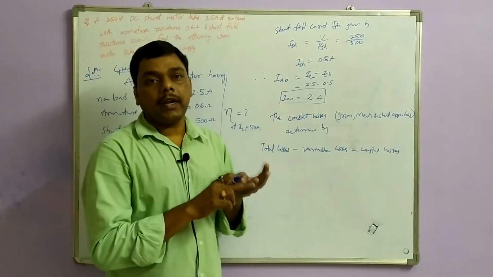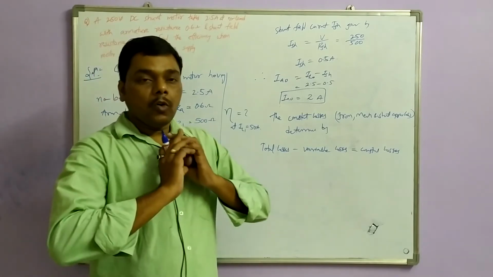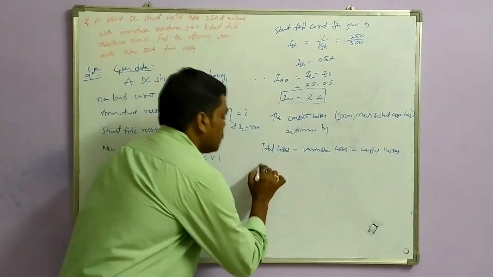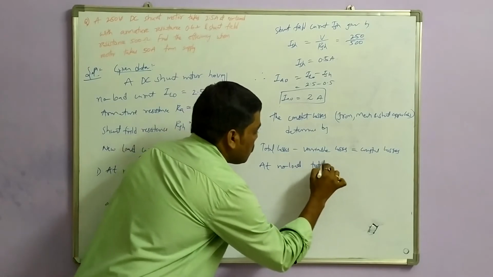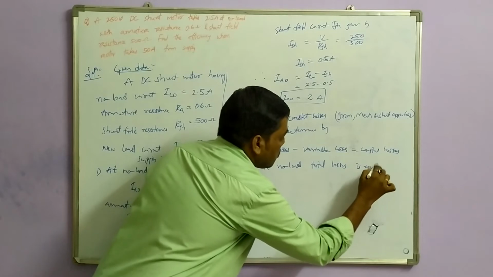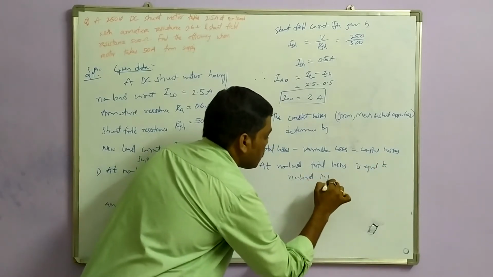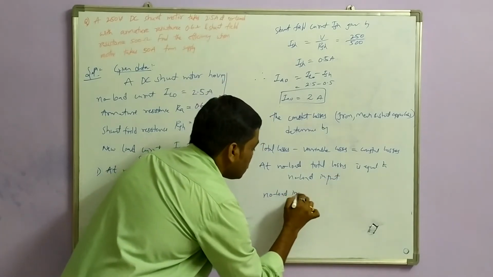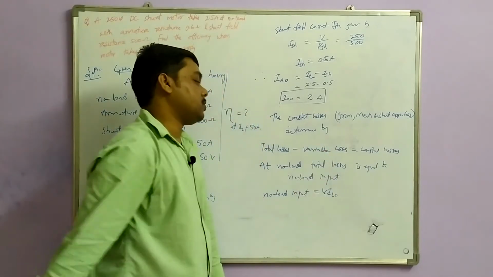We are getting only iron and mechanical losses and shunt field copper losses. So the no load input is the losses in this condition. At no load, total losses is equal to the no load input, which is V into IL0.